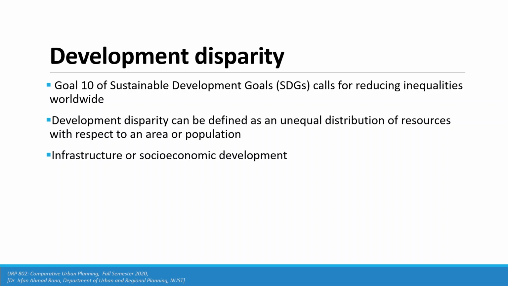The larger the development gap between, say, two cities, or between urban and rural, or even urban, rural and peri-urban areas, the more it tends to hinder a country's economic growth. As developing countries, we are much more concerned with sustainable economic growth, and cities are often seen as engines of economic growth.